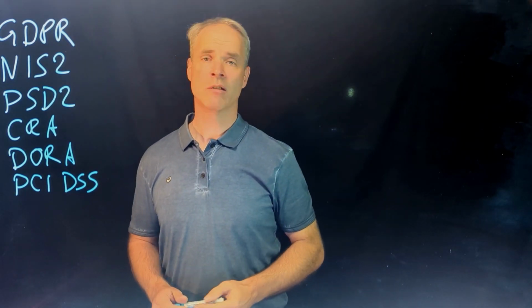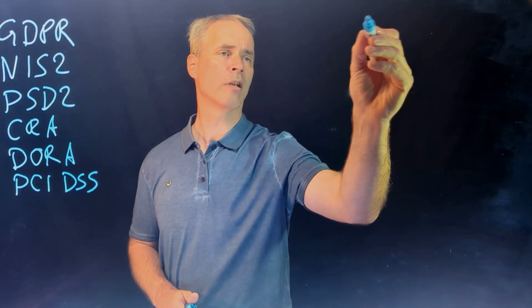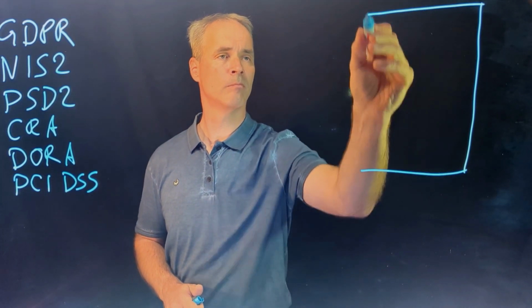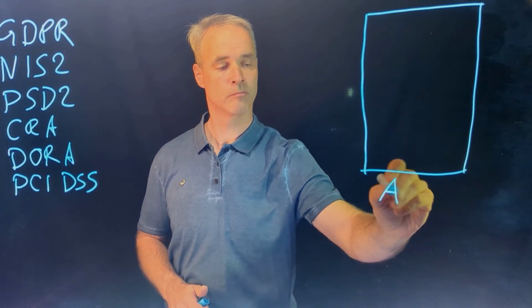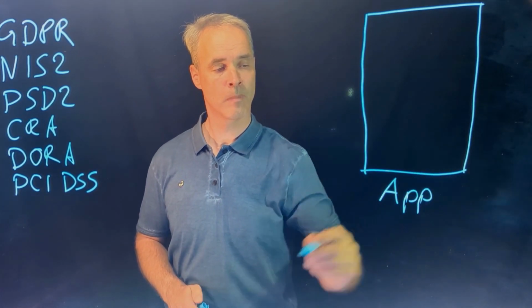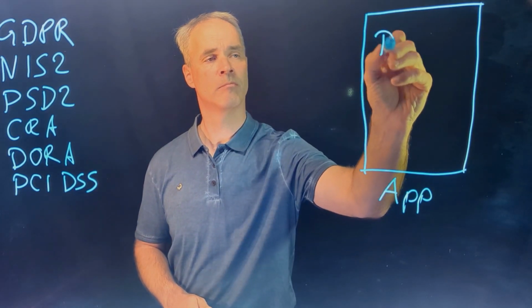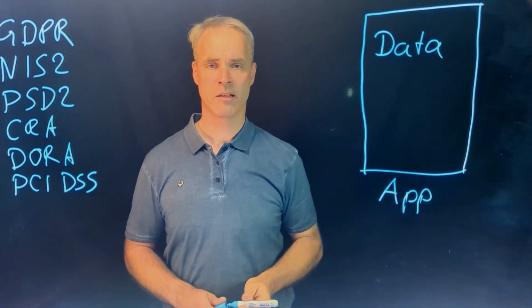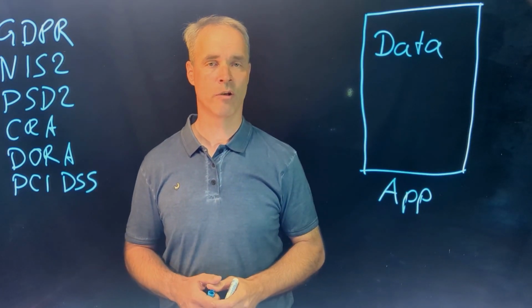So in the field, quite often, how does it look like? Actually, you've got an application. And in this application, you have data. These data are your crown jewels. You need to protect them at all costs.